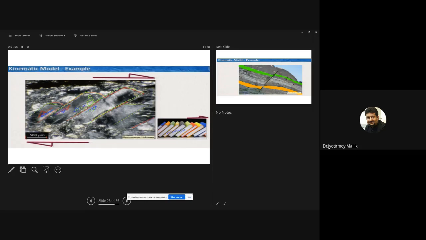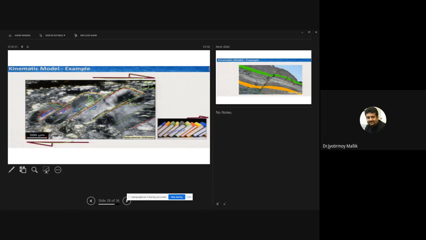When you describe that... Now if you look at something else, this is sinistral shear, but by some other definition, people have shown that overall there is a dextral shearing going on. This is dextral shear. Now why would the overall rock have a dextral shear, but this bookshelf structure have a sinistral shear? When you answer that, that will be your real kinematic model.